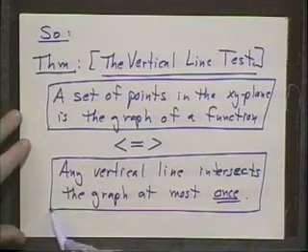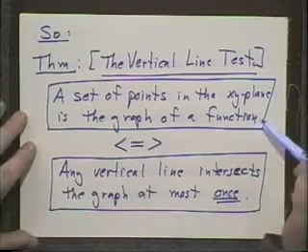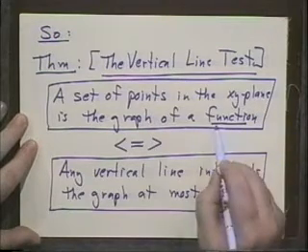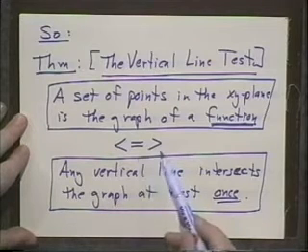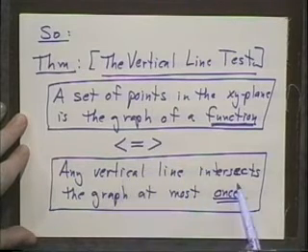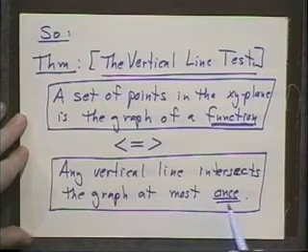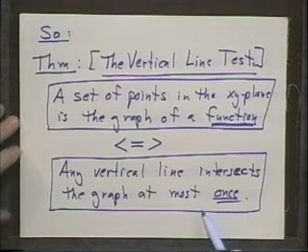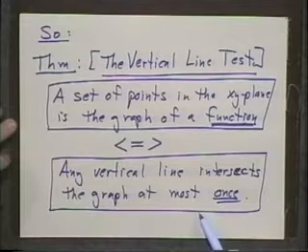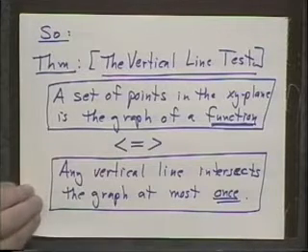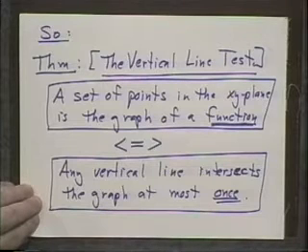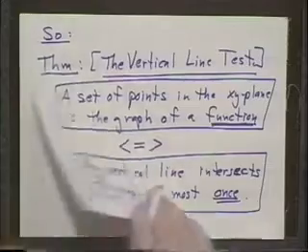So let me read that again. The set of points in the xy plane is the graph of a function, it's a particular kind of graph, if and only if, or double implication, any vertical line intersects that graph at most once. Because if it intersects twice, then it violates the definition of a function as we saw a moment ago. So now you have a wonderful test. By looking at a picture, you can tell immediately whether you have the graph of a function.